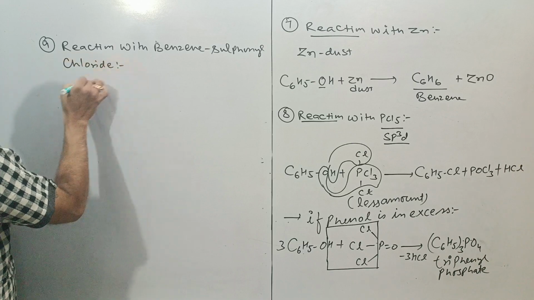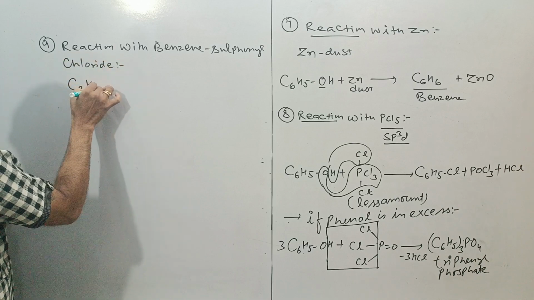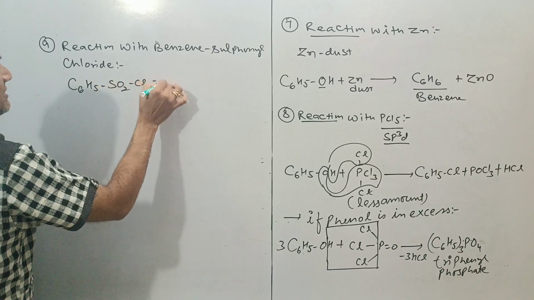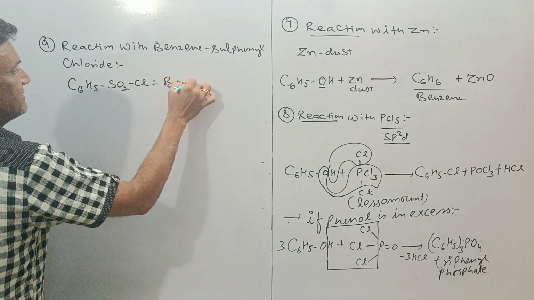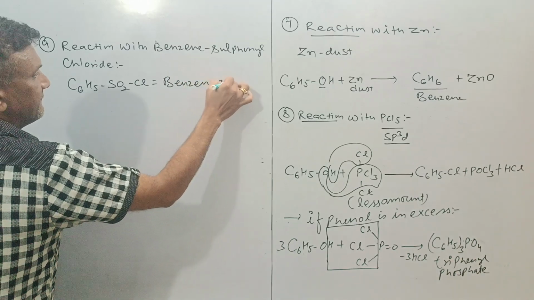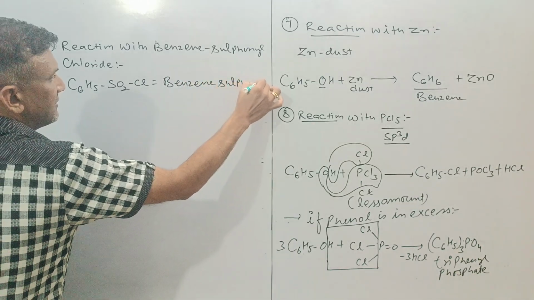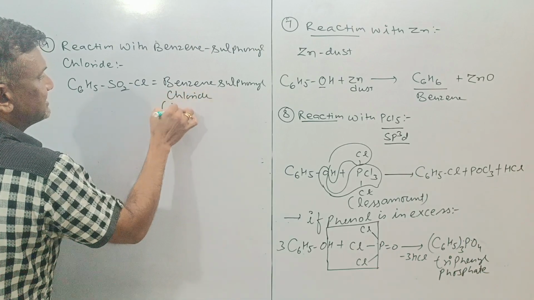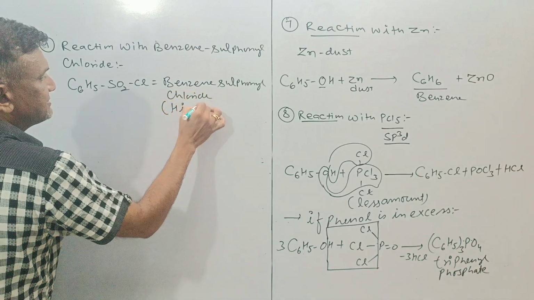The formula of benzene sulfonyl chloride is C6H5SO2Cl. It is also called Hinsberg's reagent.